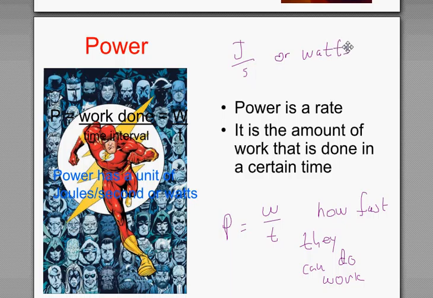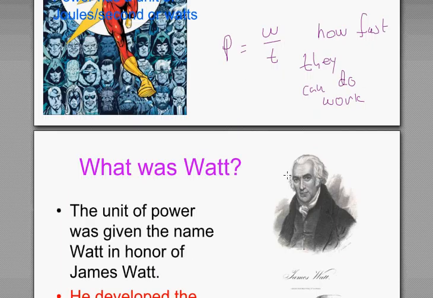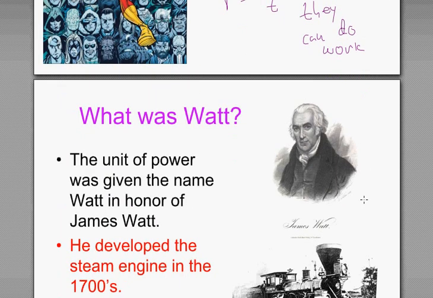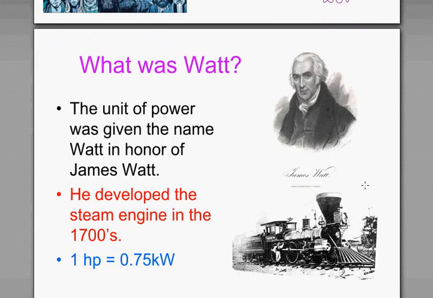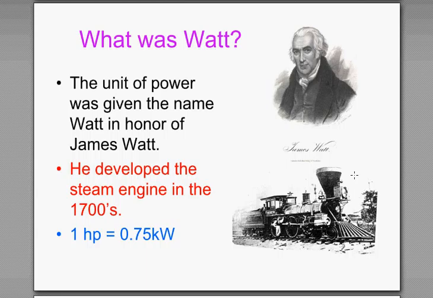There's a very interesting story about that. We'll talk more about it later. So what was watts? Well, there we go. The unit of watt was named in honor of James Watt. Now, he developed the steam engine, and he basically wanted a way to compare the amount of work his steam engine could do to other things.